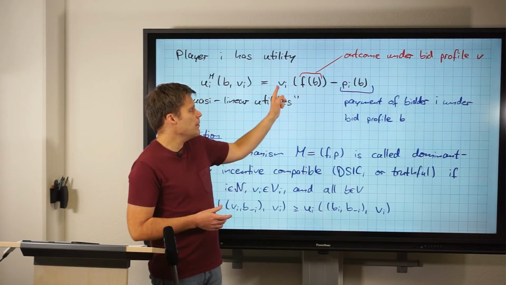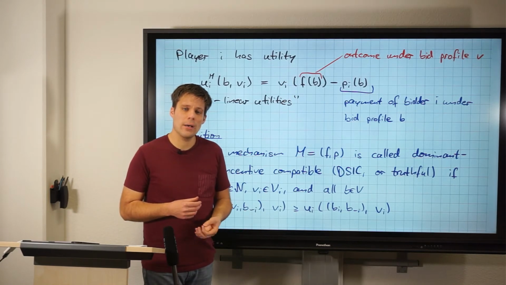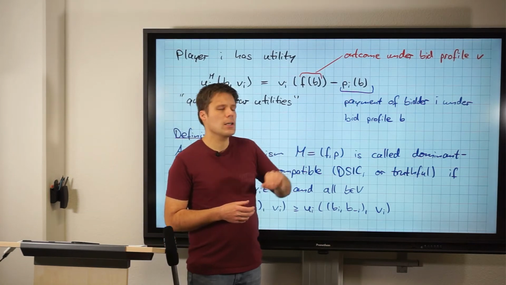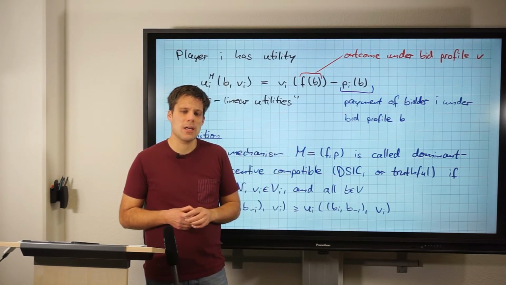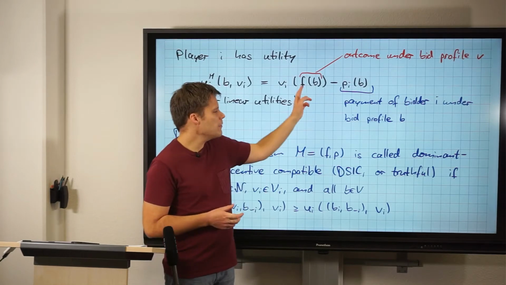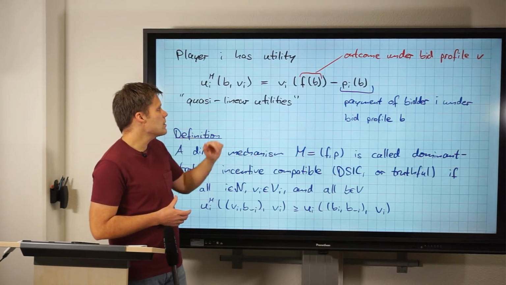And then we evaluate the true valuation v_i on that outcome. And from that we subtract the payment that the bidder is making. The difference of this is a player's utility.